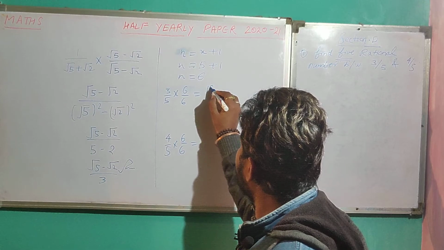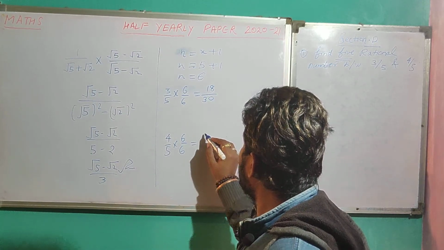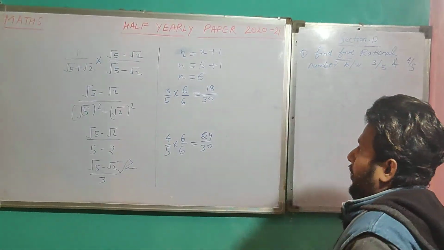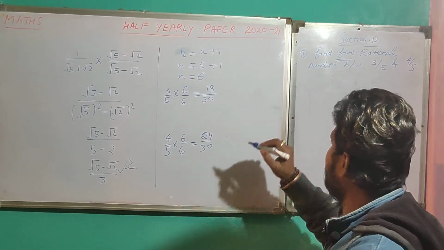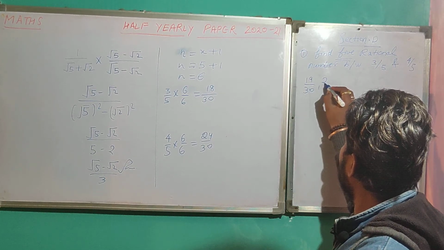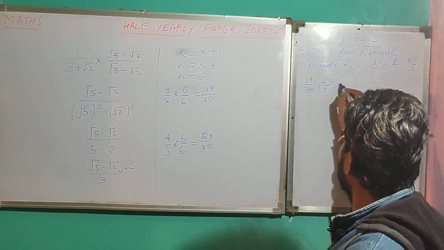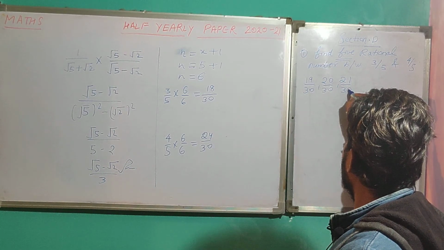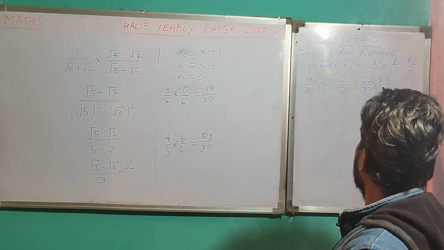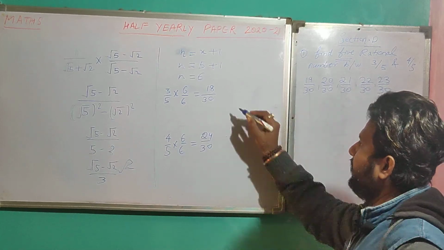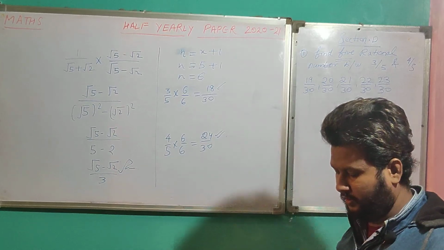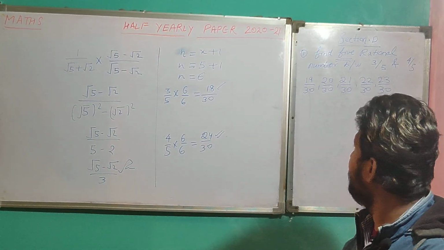Then this is equal to 18 upon 30 and 24 upon 30. So the 5 rational numbers will be 19 upon 30, 20 upon 30, 21 upon 30, 22 upon 30, 23 upon 30. Okay, start from 18 and move up to 24. So we get the 5 rational numbers.